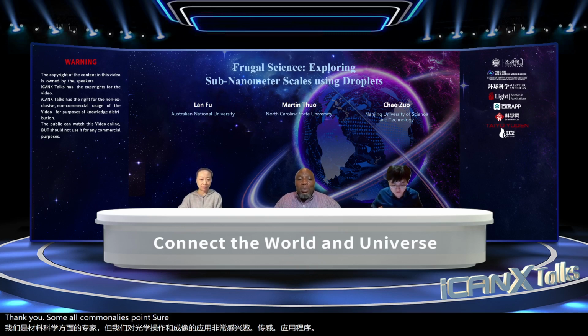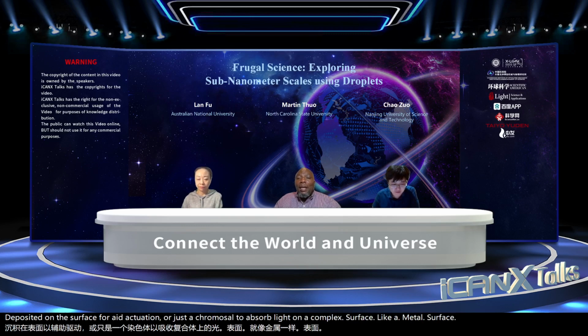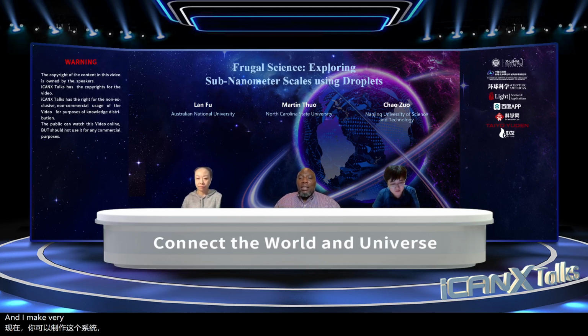Sure. When I look at papers that use molecules like azobenzene deposited on the surface, either for actuation or just as a chromophore to absorb light on a complex surface like a metal surface, you can make that system, and you can make very advanced metamaterials with very interesting features. However, if you have organic molecules sitting on those surfaces, whether by choice or by accident, depending on which molecule you have, you can actually influence the behavior of the response.